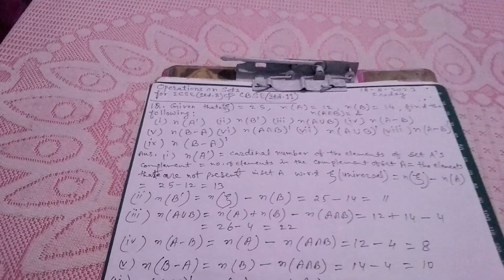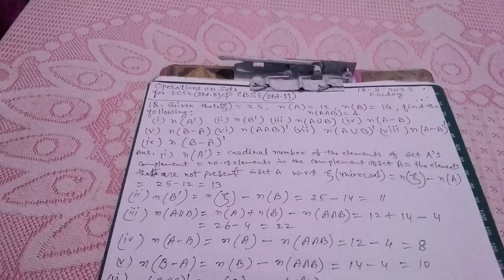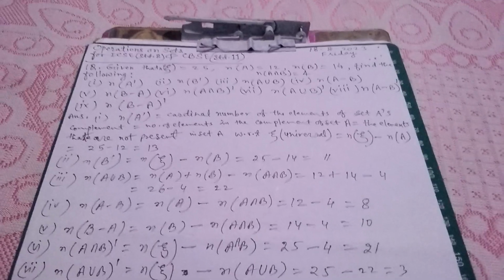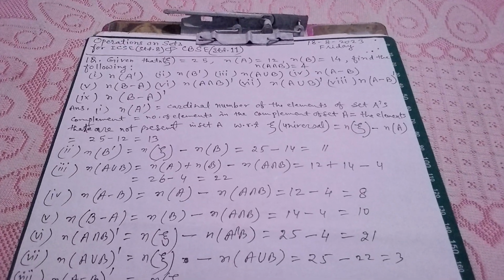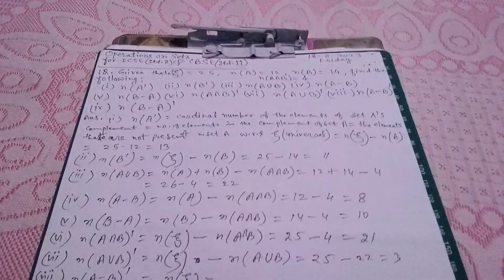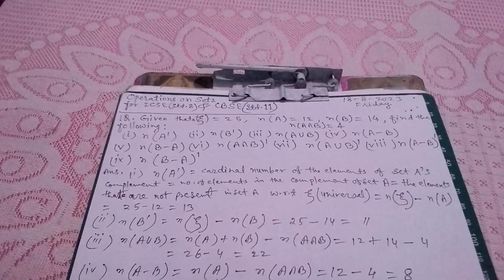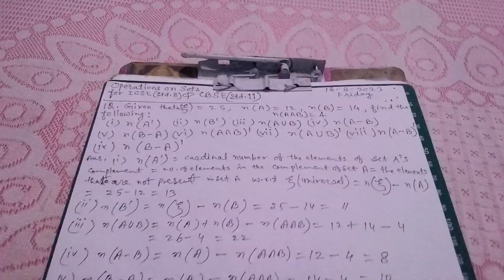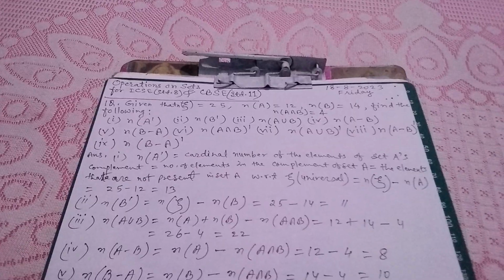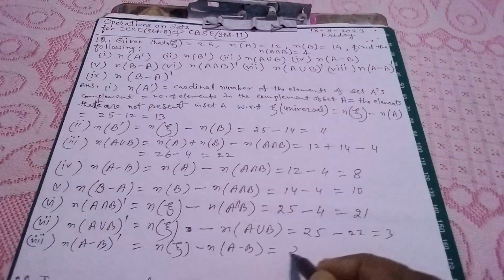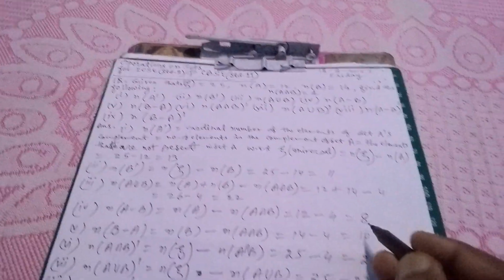Then the eighth one is the cardinal number of A difference B's complement, which again we have to find with respect to epsilon. Here A difference B we have got 8. So we write 25 minus 8, that equals 17.